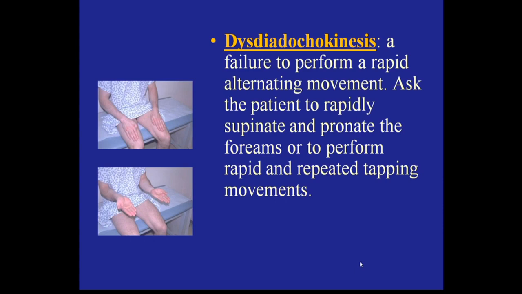In Latin, dysdiadochokinesis or adiadochokinesis. A failure to perform a rapid alternative movement, supination and pronation. Ask the patient to rapidly supinate and pronate the forearms, or to perform rapid and repeated tapping movements.